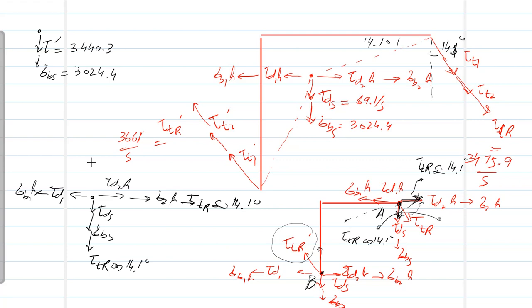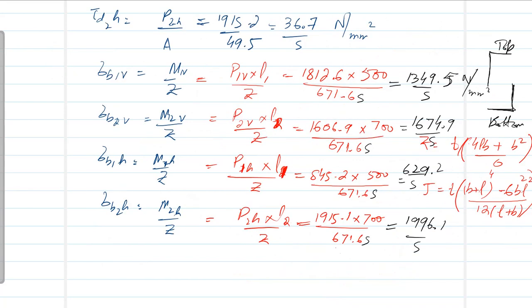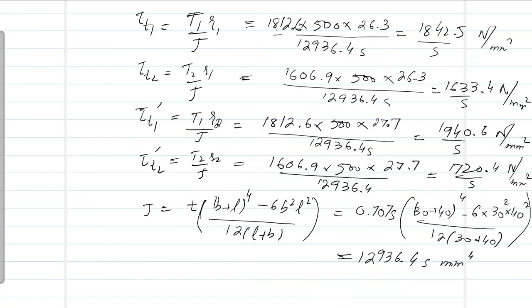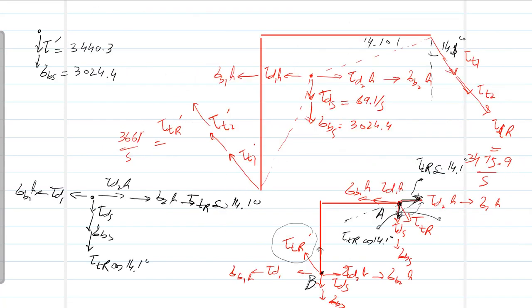So what is tau d2h? Just go back to the previous slide. Tau d2h is 36.7. So 36.7 plus. Now we have to find this.